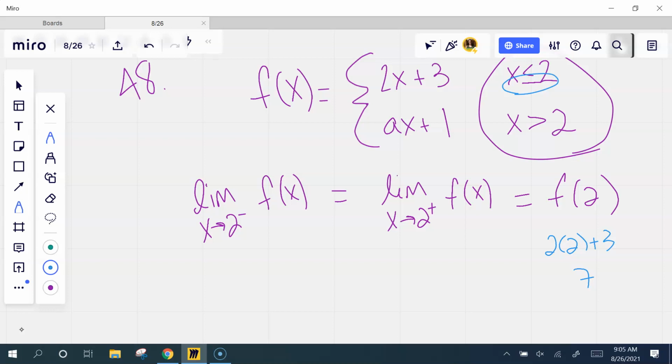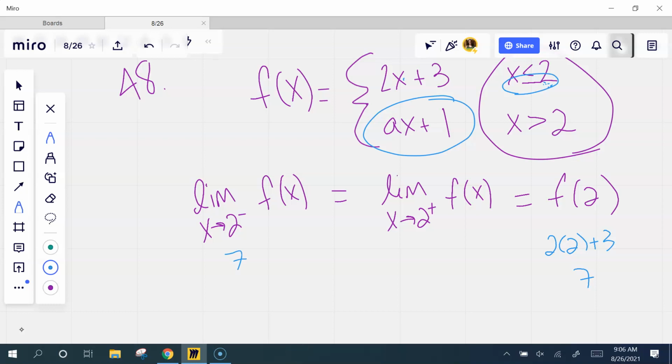So do you agree that this must equal 7? The limit as I approach from the left, we know, is 7 if I plug 2 in.